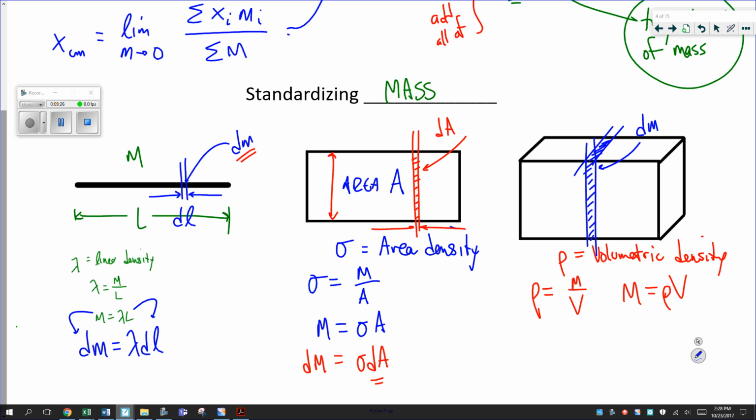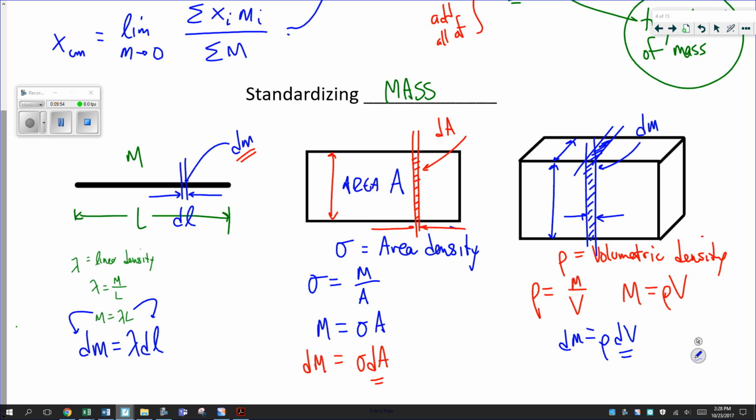Sure, that slice has a mass, and that dm is rho dV. Now this dV, that element of volume, has that height, say, and that depth, and again, this little tiny thickness. So we could expand this dV to say, what are the parts of that?